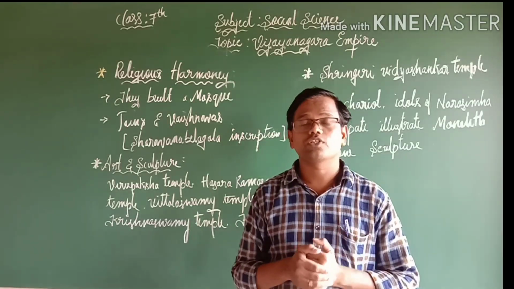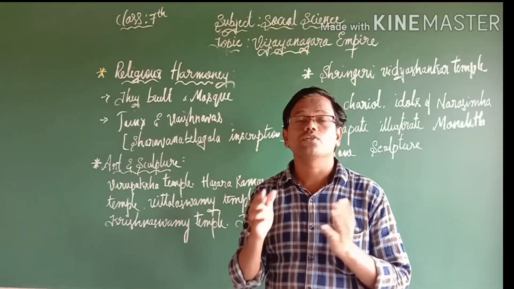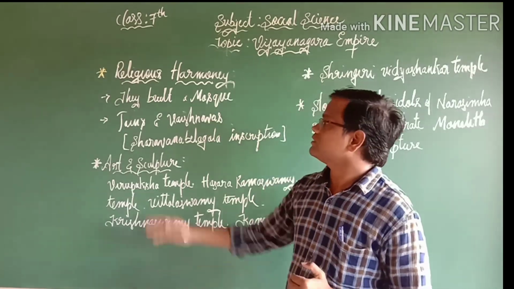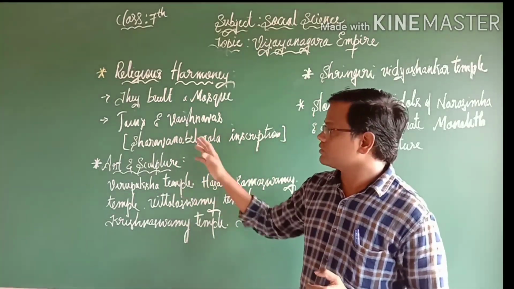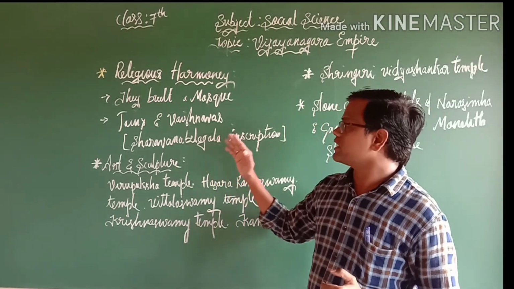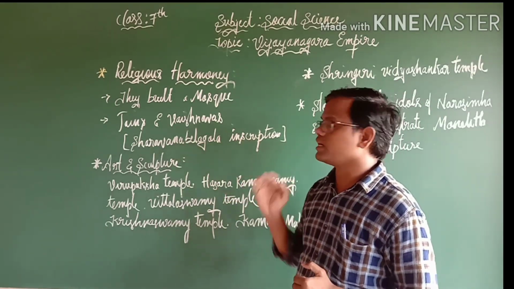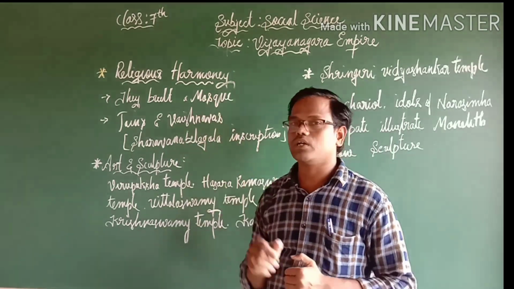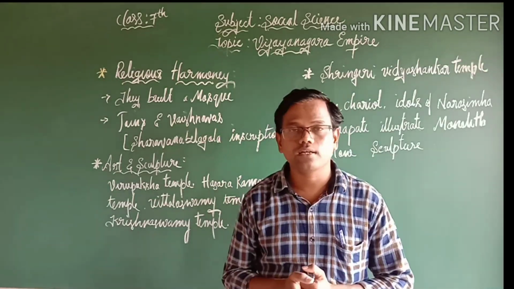During the period of Devaraya, he solved the problems which arose between the Jainas and Vaishnavas. So we can see this in one very important inscription, the Sravana Belagola inscription. So this was about the religious harmony of Vijayanagara Empire.